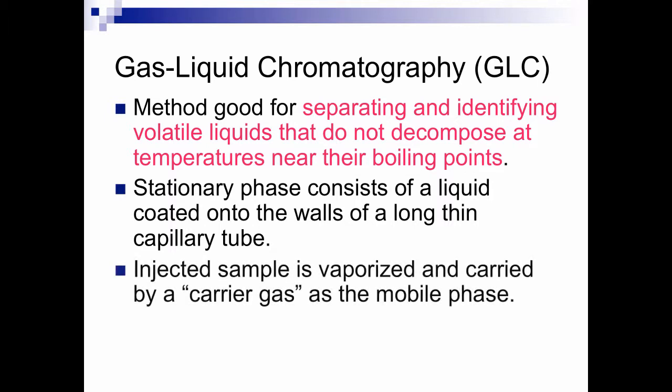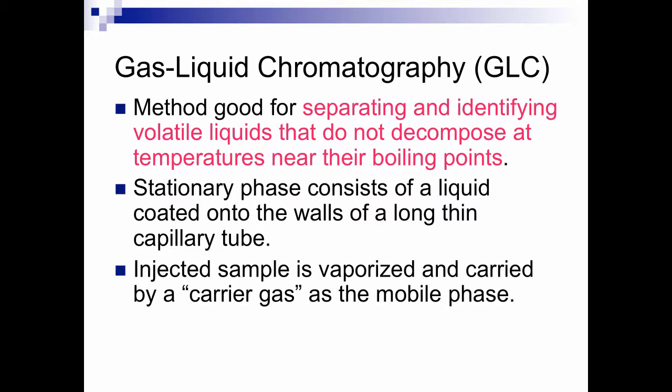The injected sample is first vaporized and carried by a carrier gas, commonly nitrogen or helium, that acts as the mobile phase. The mobile phase then passes into the column over the stationary phase, and the components in this mixture would then partition between the mobile and the stationary phase.